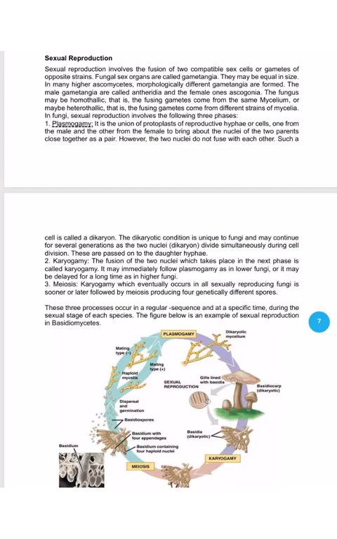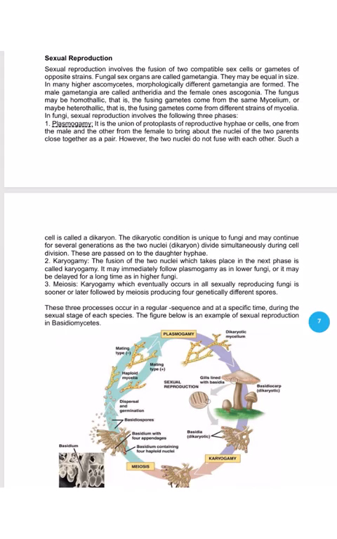That means they are haploid, and then they mate or fuse together to give a diploid cell. But let us first know the different parts of sexual reproduction.